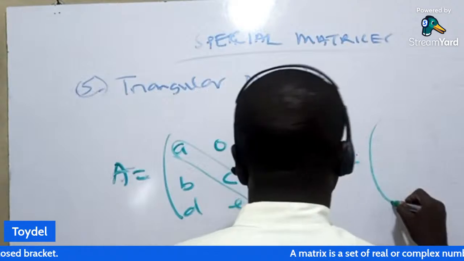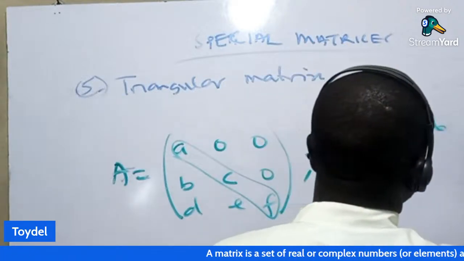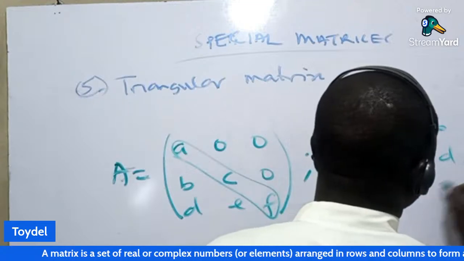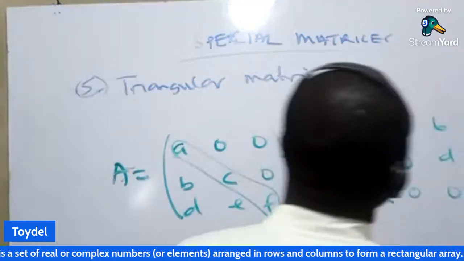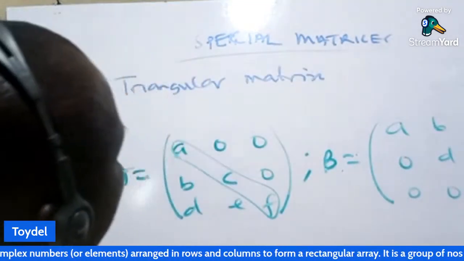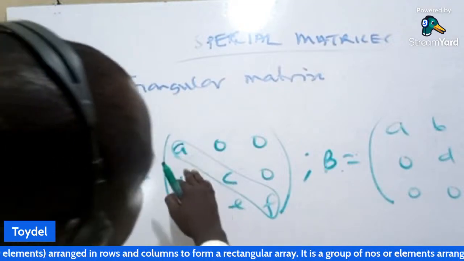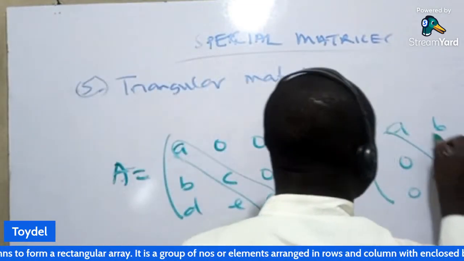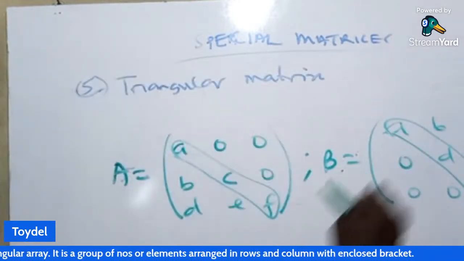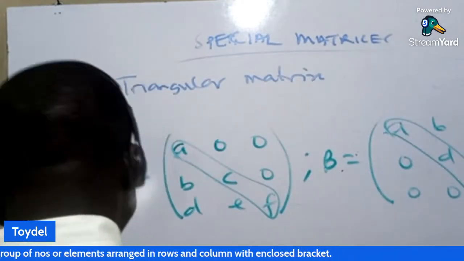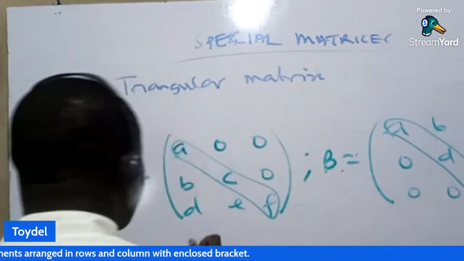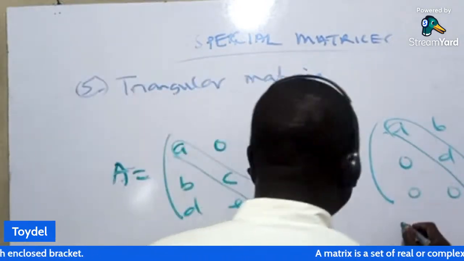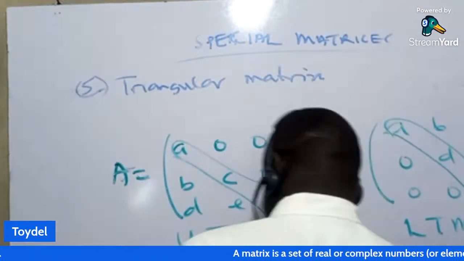Let's say matrix B. I have A, B, C, and I have 0, D, E, 0, 0, F. In matrix A, all the entries above the leading diagonal are zeros. In matrix B, all the entries below the leading diagonal are zeros. In this case, matrix A is called the upper triangular matrix, while matrix B is called the lower triangular matrix.